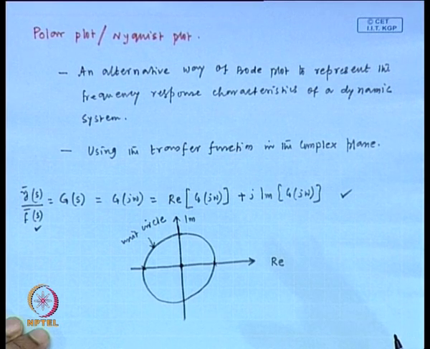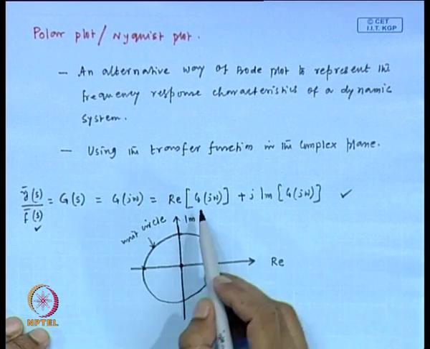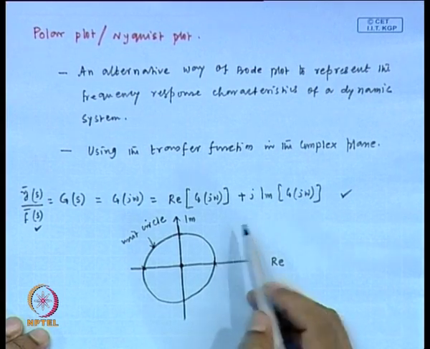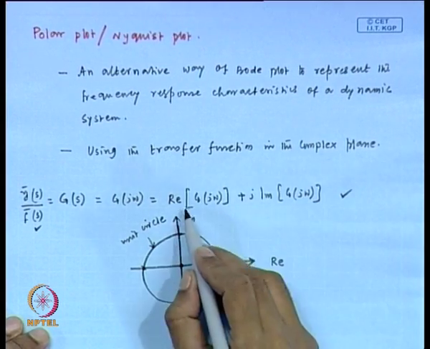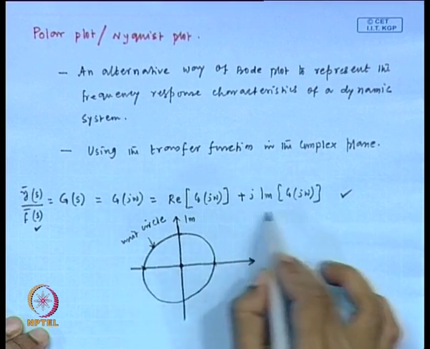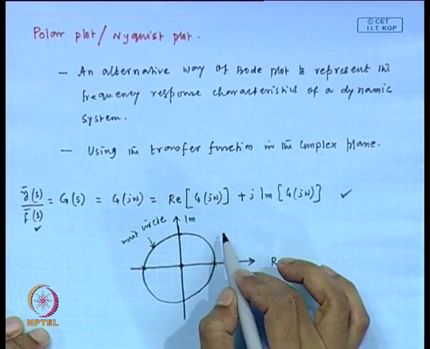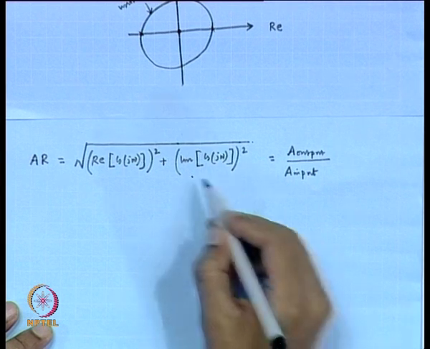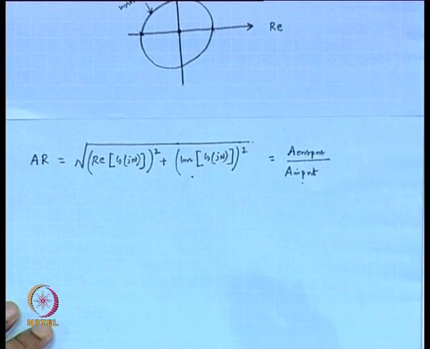Here what is the amplitude of the input? It is 1, because we can write this term divided by 1, I can write this term divided by 1 plus j multiplied by 0. That means amplitude of output is this, amplitude of input is 1. Agree?